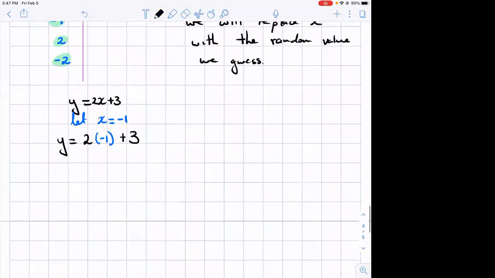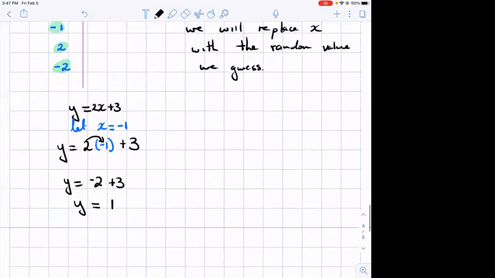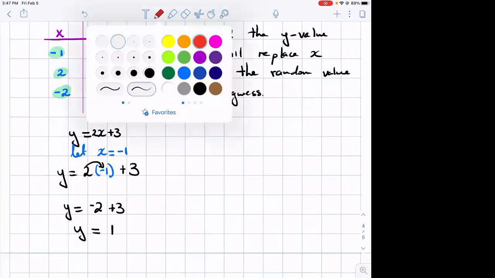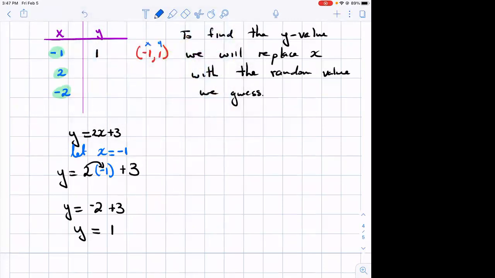Simplifying this, we have y is equal to -2, because 2 times -1 is -2, plus 3. Therefore, y is equal to 1. So this point here is 1. And notice now we have an ordered pair, -1, comma 1, because this is our x, and that's our y.